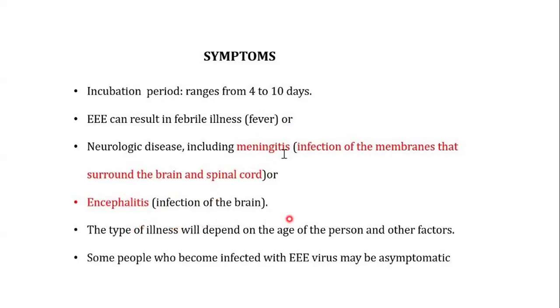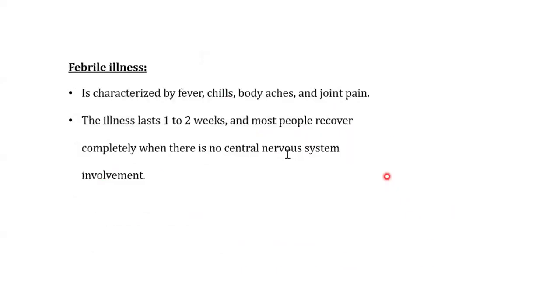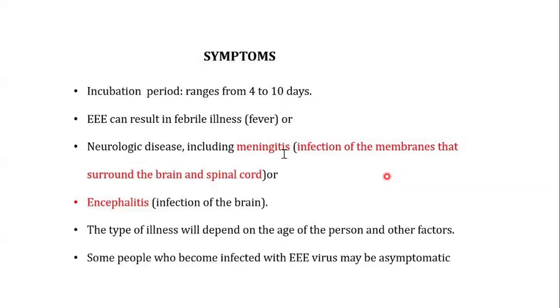The type of illness will depend on the age of the person and other factors. Some people who become infected may be asymptomatic. If you're immunocompromised, if you're a child, most likely you're going to get these symptoms.